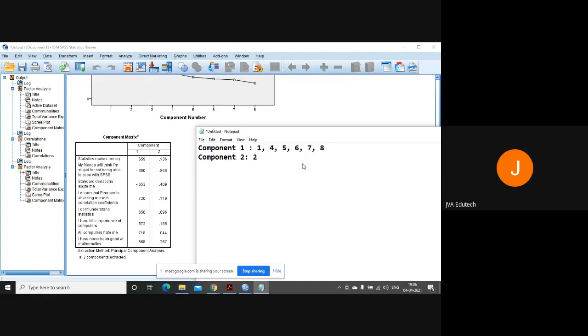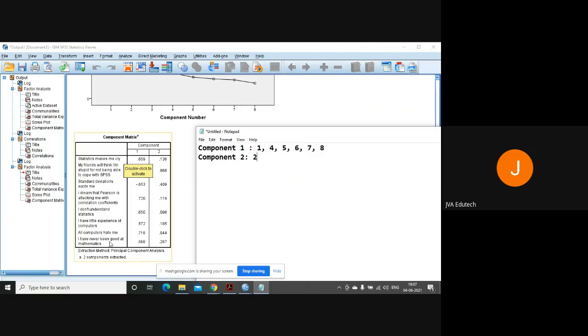So if you see the items: item 1, statistics make me cry. Item 4, I dream that Pearson is attacking me with correlation coefficient. Item 5, I don't understand statistics. Item 6, I have little experience of computers.